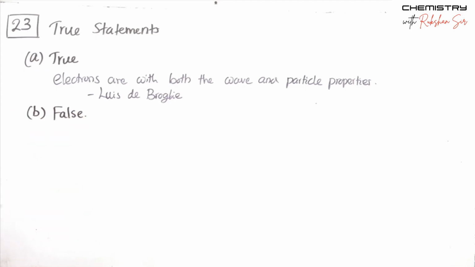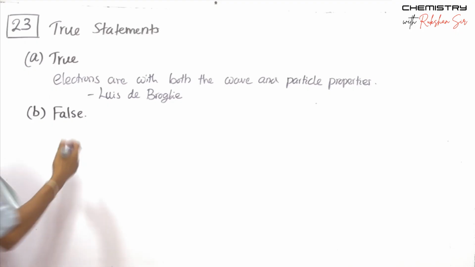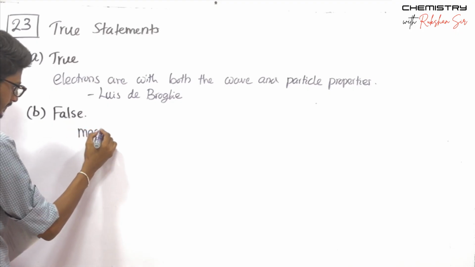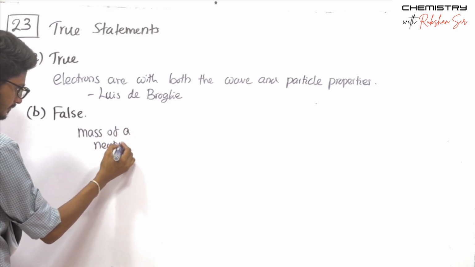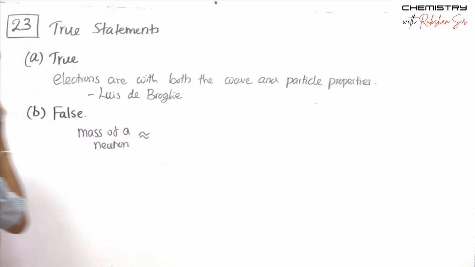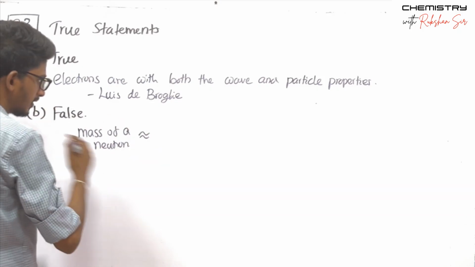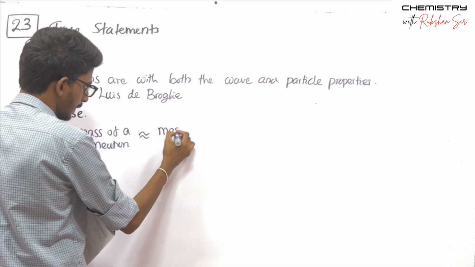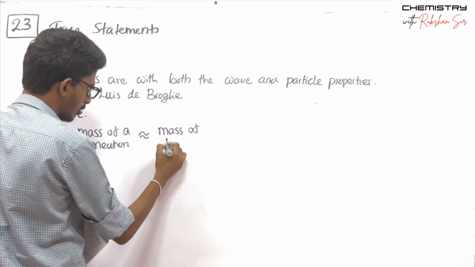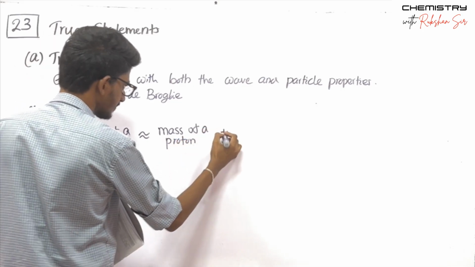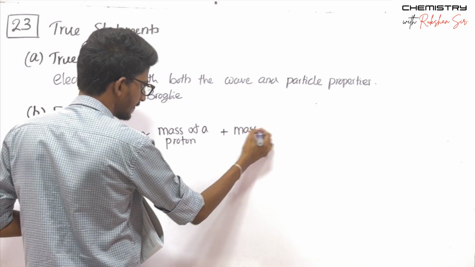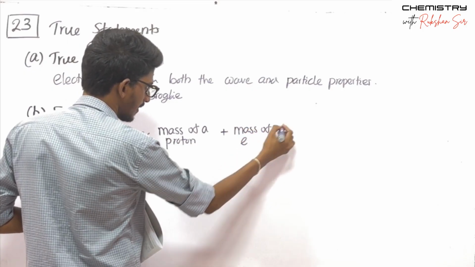Actually, what you should know is that the mass of a neutron is closely equal to the mass of a proton plus the mass of an electron.